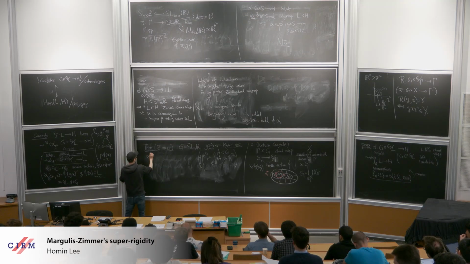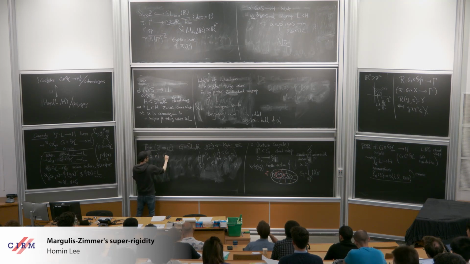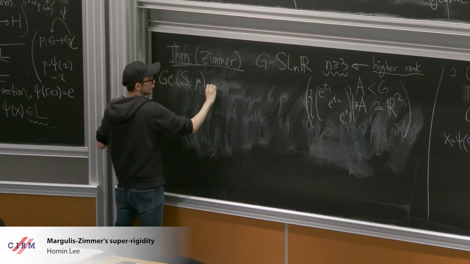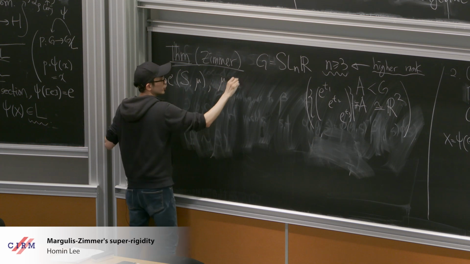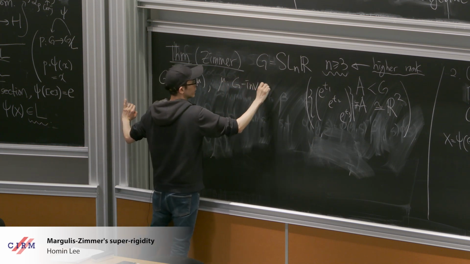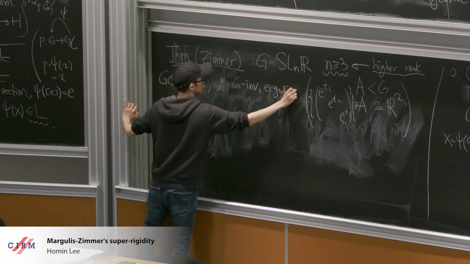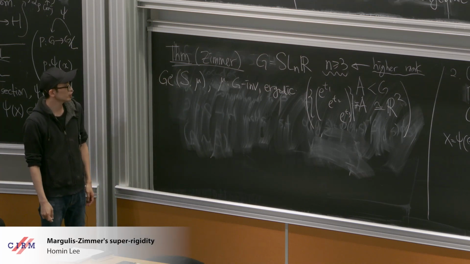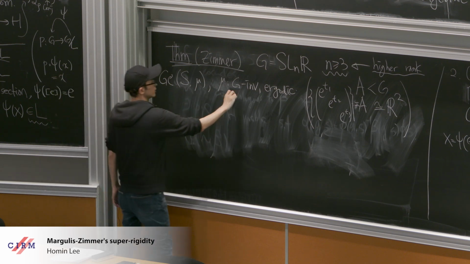So let's say S is a G-space, so G acts on it, and mu is a G-invariant and ergodic probability measure.